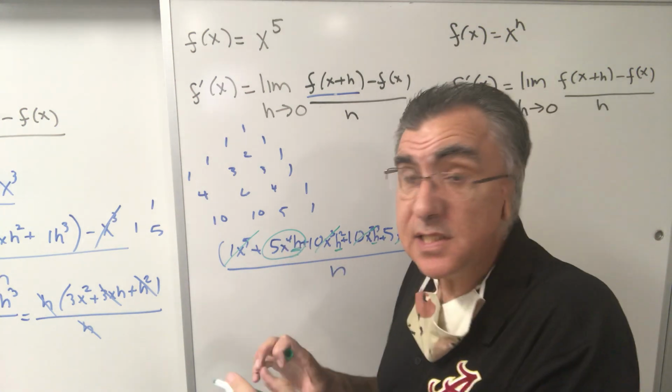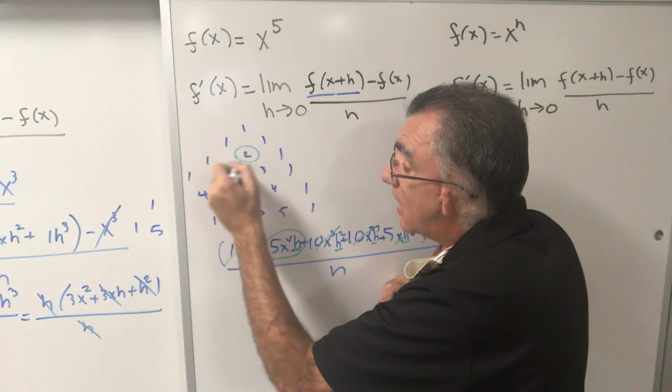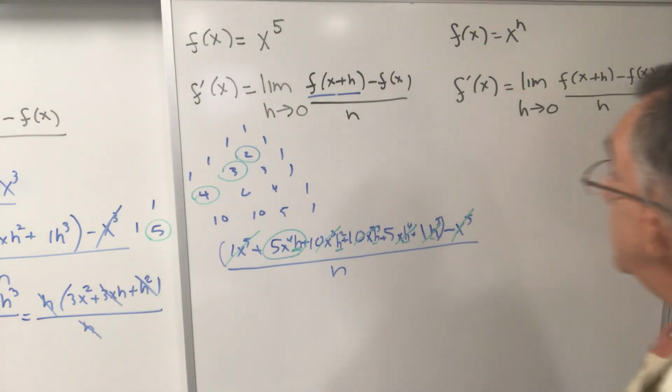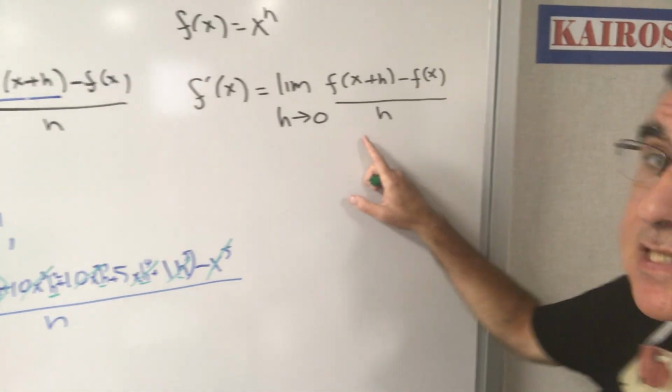So here's the thing you want to see. The only term that's going to survive as I go down this line here is the first term. So let's look at x to the n now.